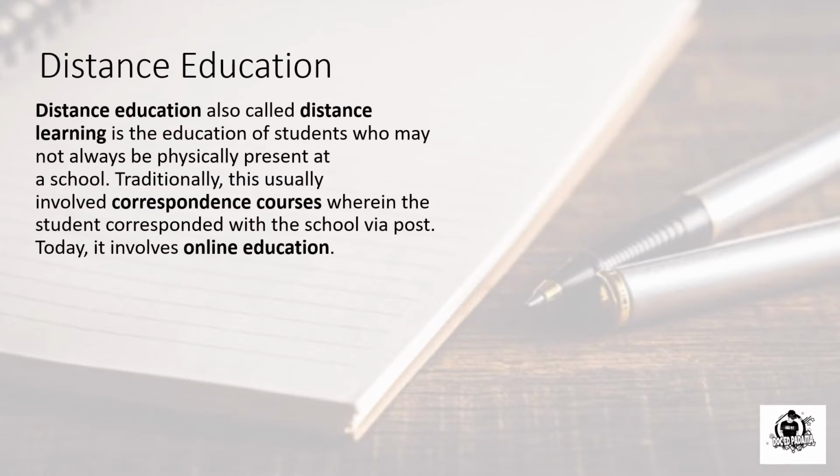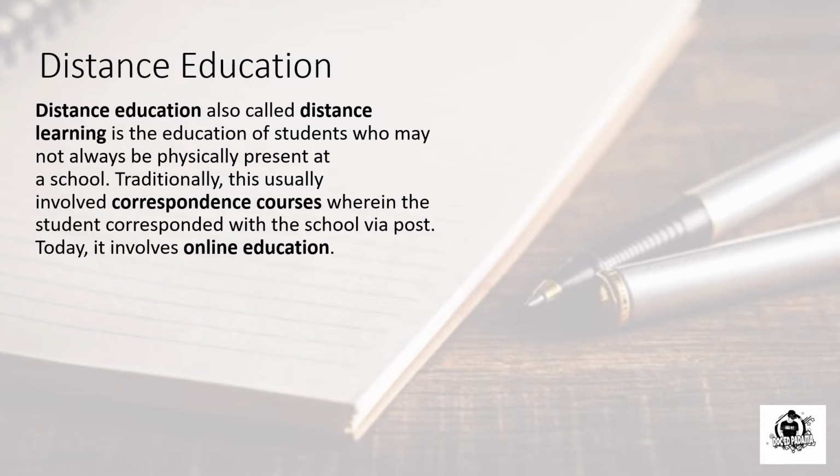So distance education is a strategy that involves the use of technology. By definition, distance education, also known as distance learning, is the education of students who may not always be physically present at a school. So the geographical location is considered in distance education.